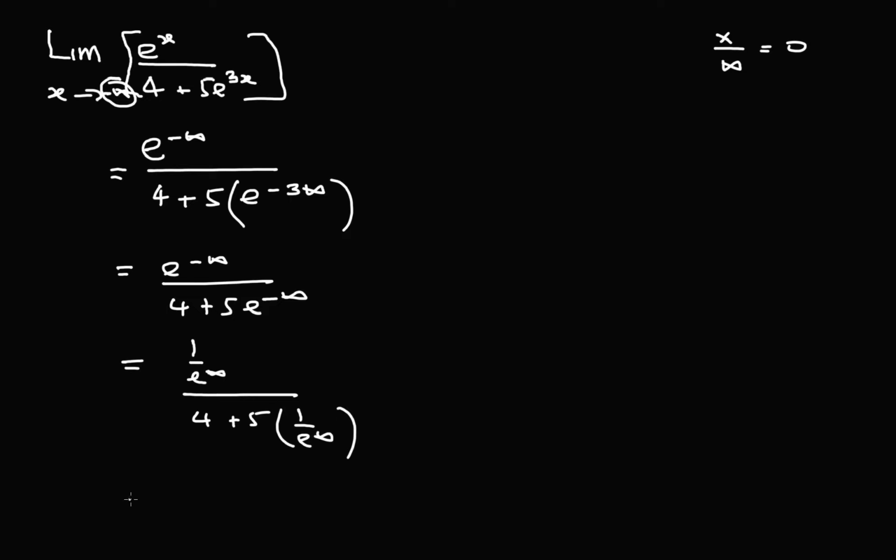Remember the inverse, right? So this one here, remember we said that e is 2.7 and so on and so forth, right? 2.71, so on and so forth. It's actually 2.718. Okay. That's if you want the actual value.